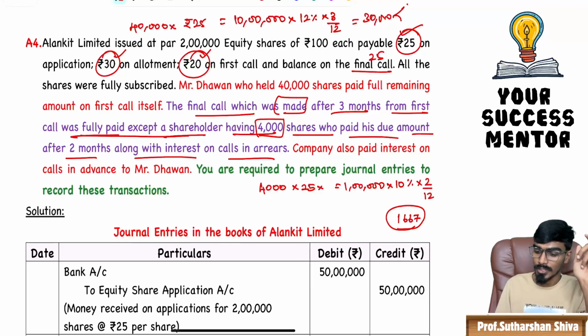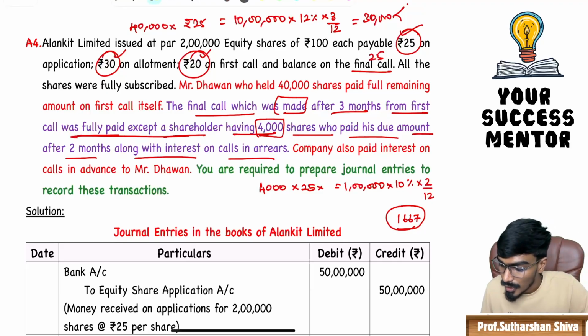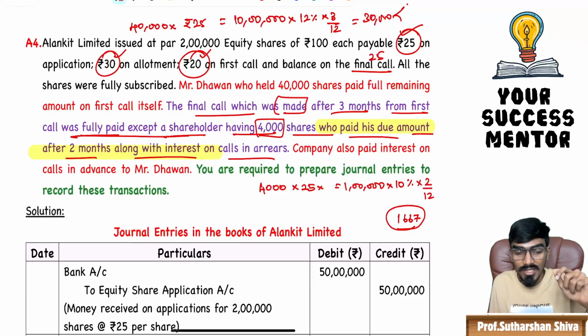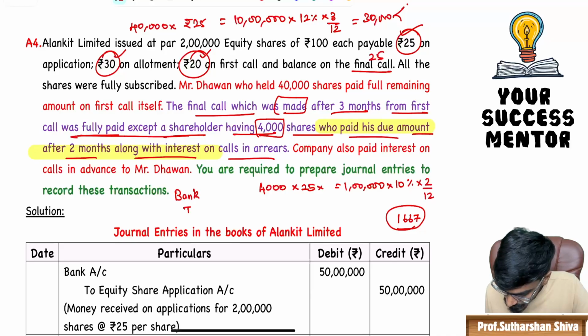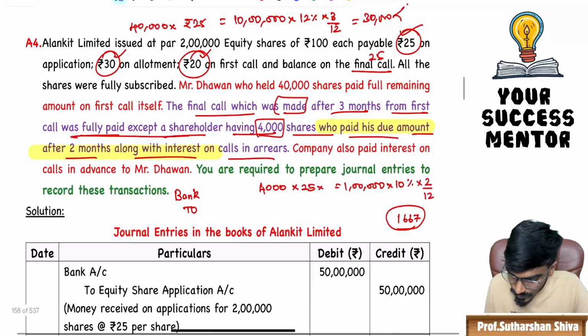But the most important thing is the shareholder who paid his due amount after 2 months along with interest. Now you think and tell me what journal entry I should pass. Yes, sir, this is our income, sir. So bank to interest received.